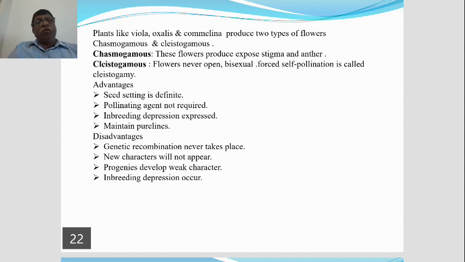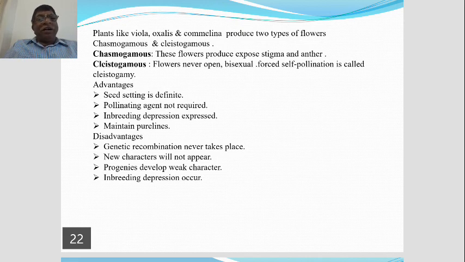What are those? Chasmogamous flowers and cleistogamous flowers. Flowers are of two types, chasmogamous and cleistogamous. Chasmogamous flowers: see the diagram, the flowers at the top. Chasmogamous flowers are those which produce flowers with exposed stigma and anther.